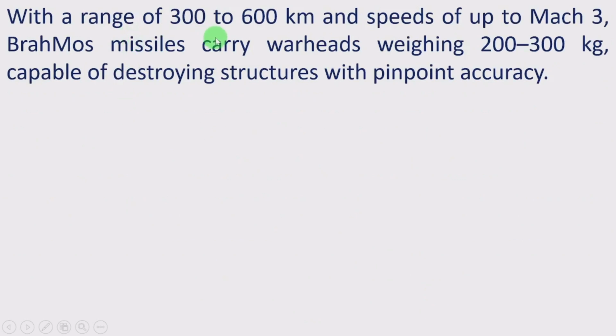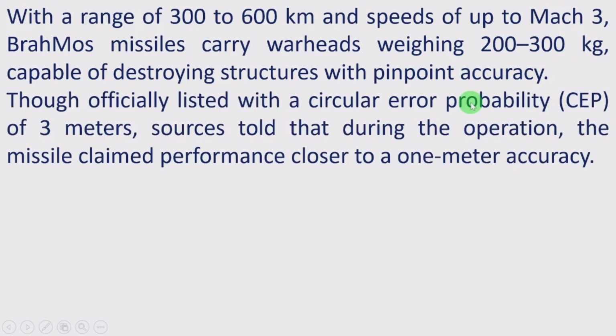With a range of 300 to 600 kilometers and a speed of up to Mach 3, that means three times the speed of sound, BrahMos missiles carry warheads weighing 200 to 300 kg, capable of destroying structures with pinpoint accuracy.